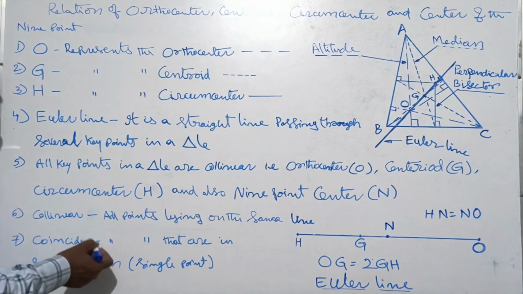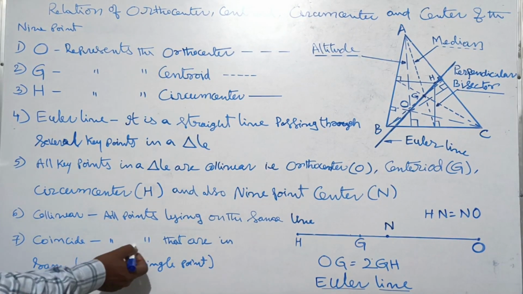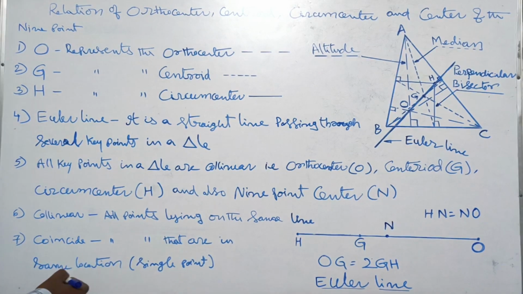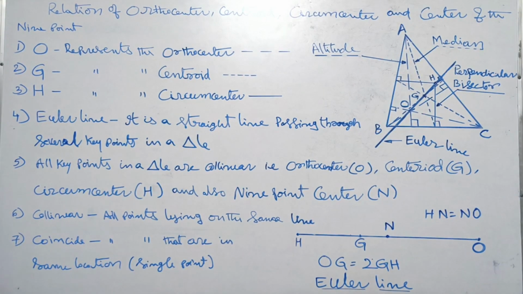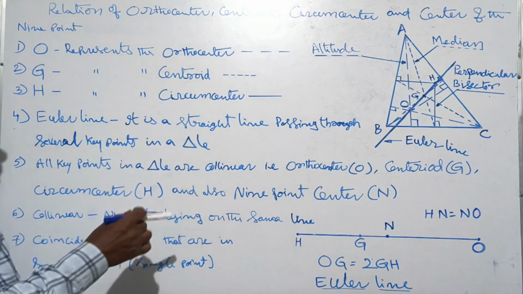Next, coincide. What is coincide? All points that are in the same location, that is at a single point, is called coincide. The best example for coincide is the equilateral triangle.